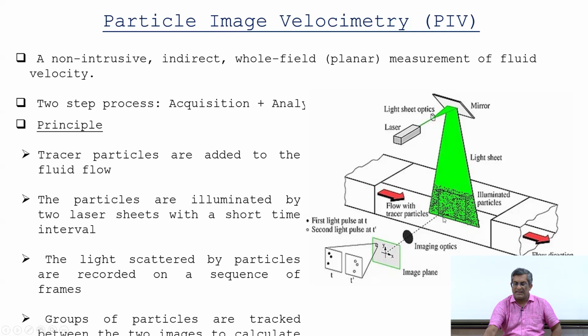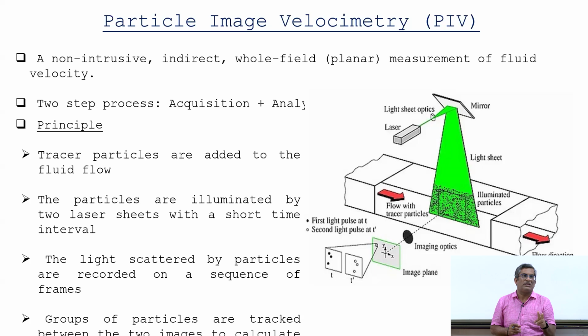And then by capturing 2 instantaneous images separated by a very short time duration, we can capture the movement of the particle in the 2 frames. And then by doing cross correlation of the image pattern, we can find the velocity of group of particles.